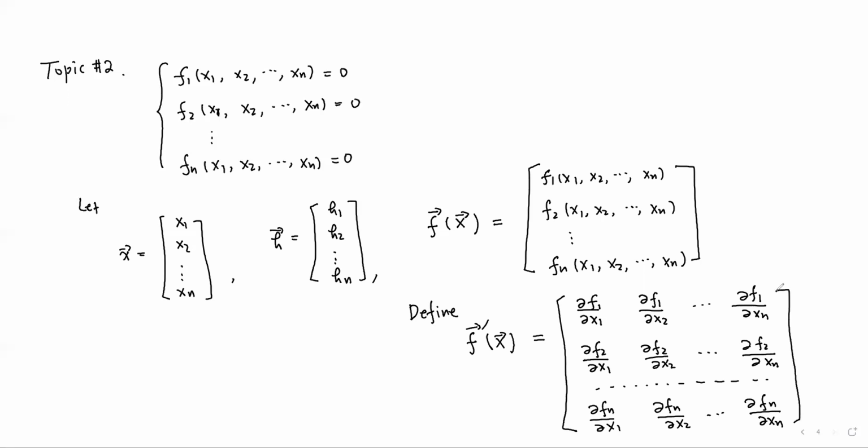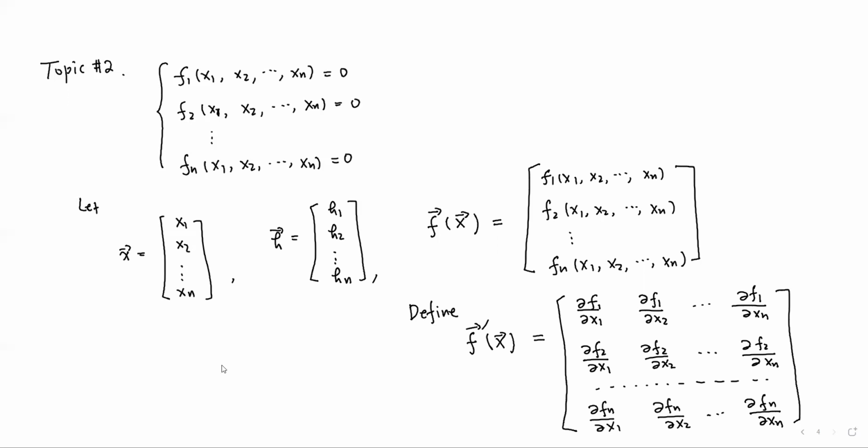The derivative of a scalar value function with respect to a scalar variable is a scalar function. Now, the derivative of a vector value function with respect to a vector is a matrix.